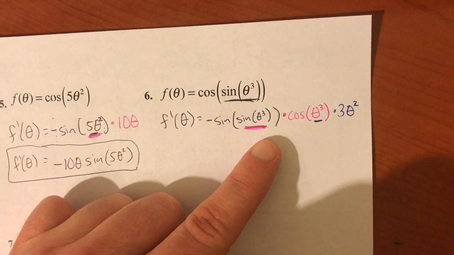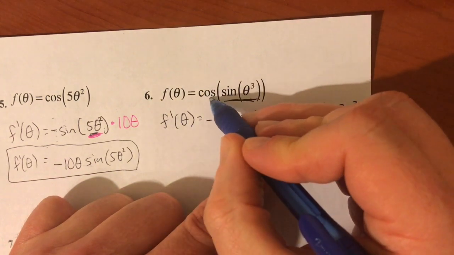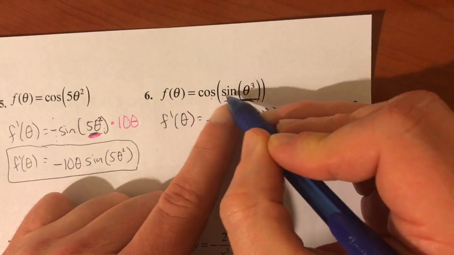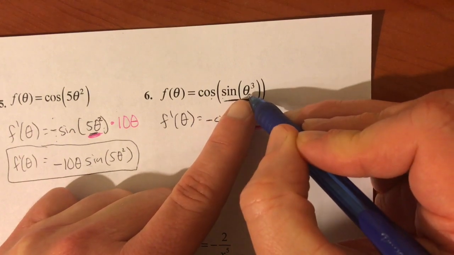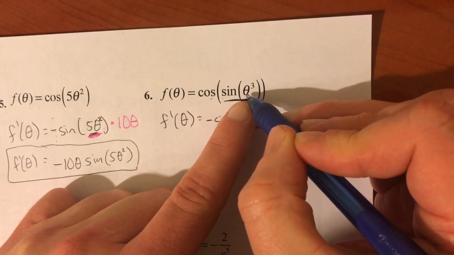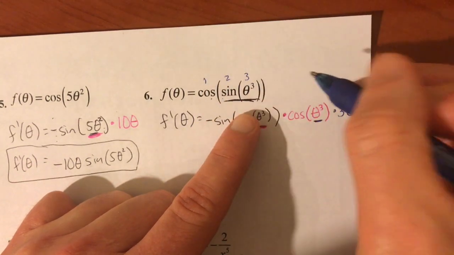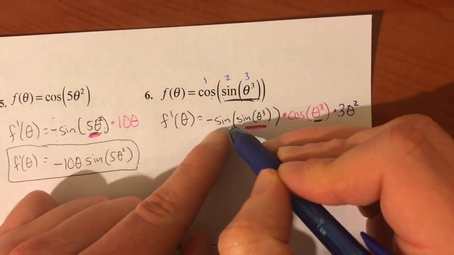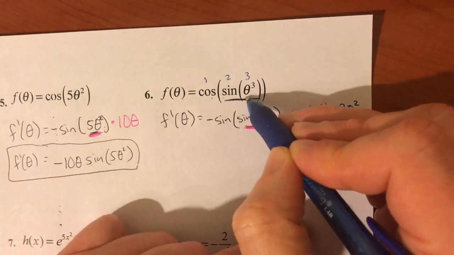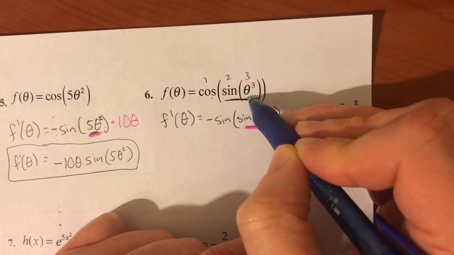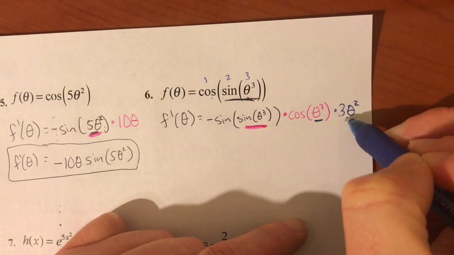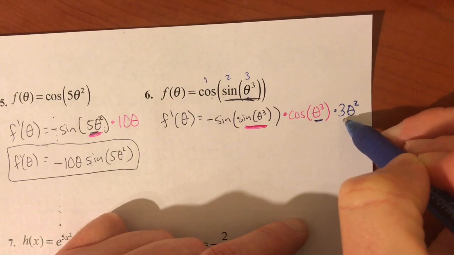So there's the double chain rule, like I said. If you see that there's a cosine with a sine on the inside of it, with something on the inside of that other than just plain x, you know there's going to be 1, 2, 3 derivatives that get represented, and you've got to go in that order, basically. When you multiply by the derivative of that innermost function, that's your last step. That's when you should be done.